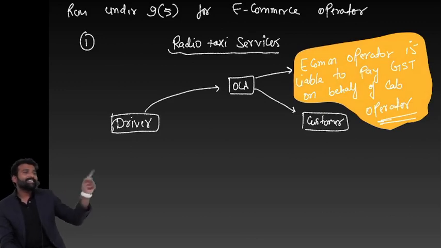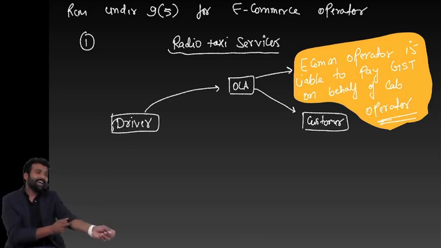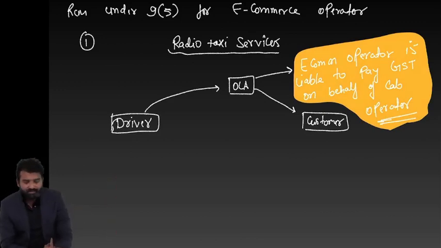The driver is supplying services through Ola and Uber. Now the supplier is the driver and the customer is the receiver, and the services are supplied through Ola. So ultimately, who is going to pay the whole tax amount on this service? Ola. The e-commerce operator is liable to pay GST in this particular situation under 9 subsection 5.